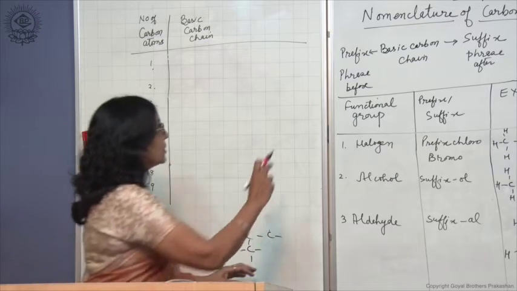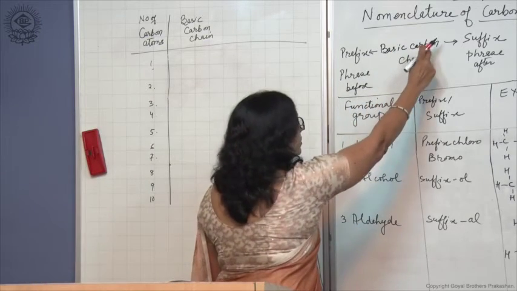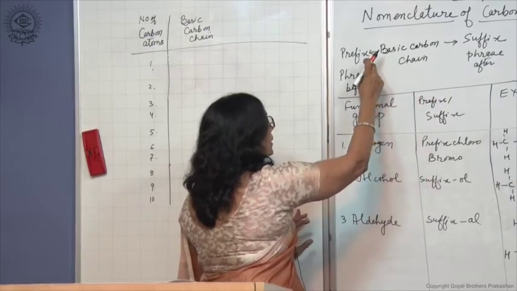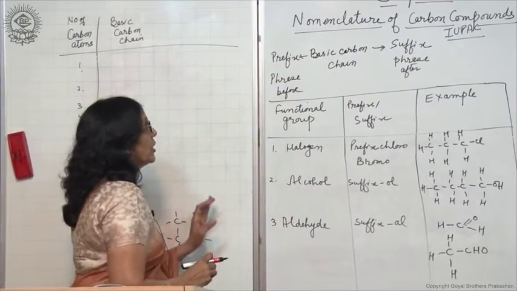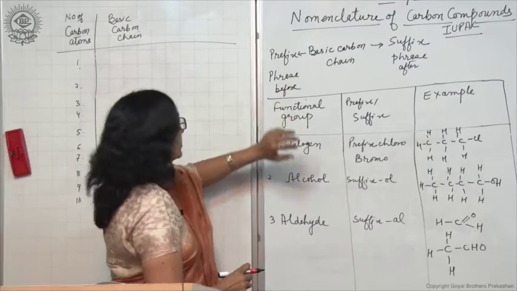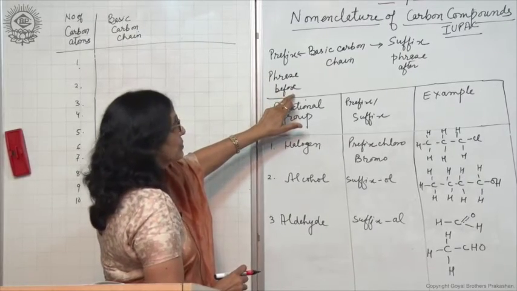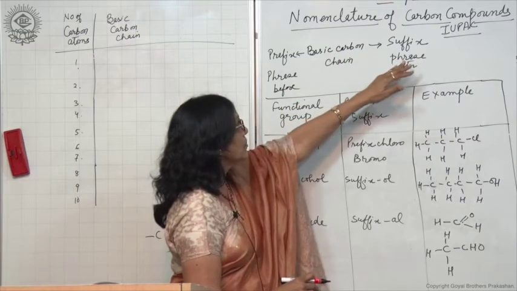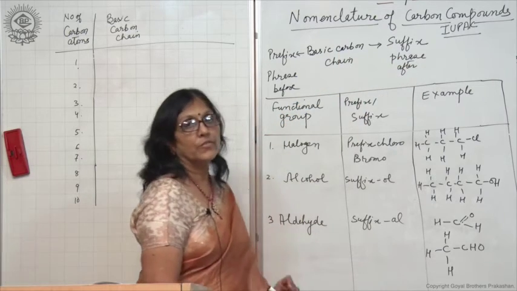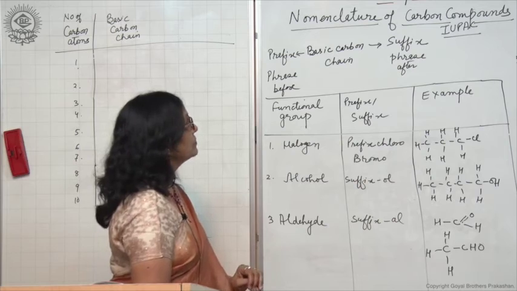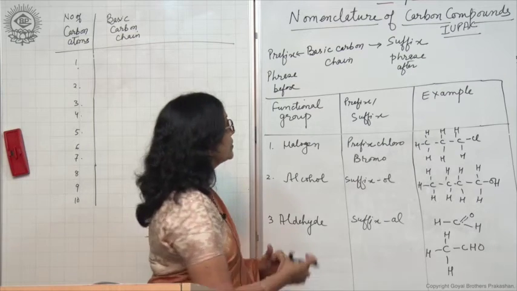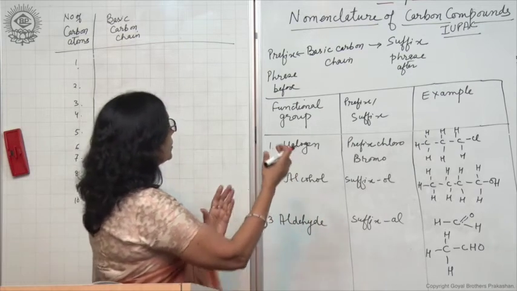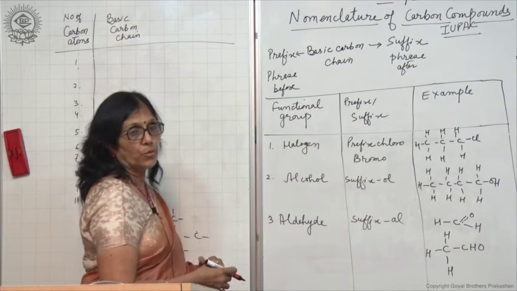Like this we write the basic carbon chain, and then before the basic chain a prefix has to be written, and after the basic carbon chain a suffix is written. Some rules will be followed. Suffix means phrase after, prefix means phrase before.